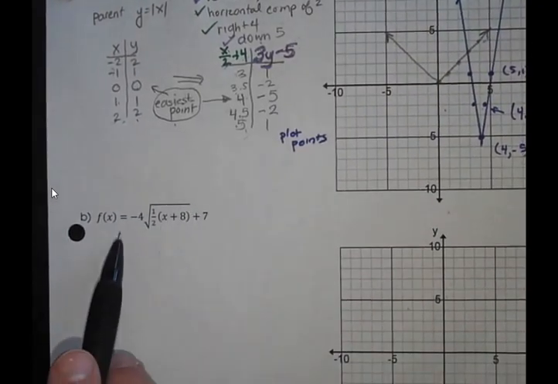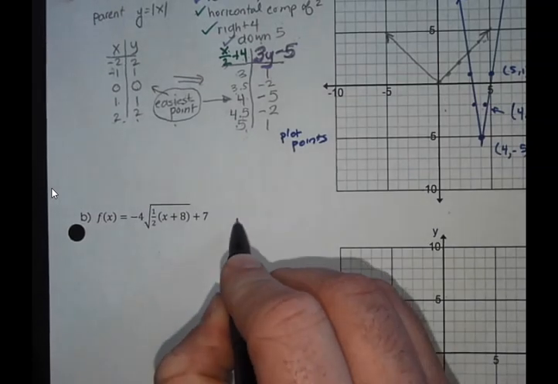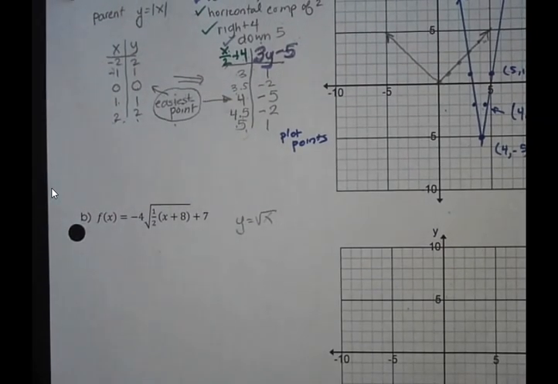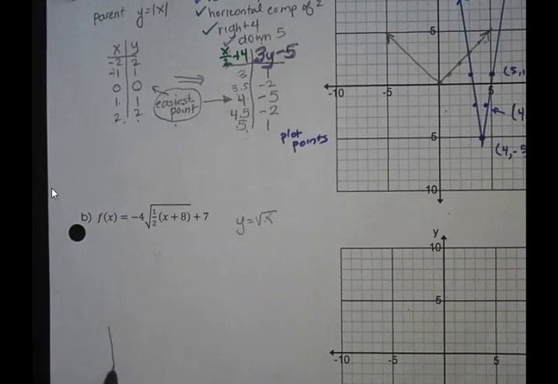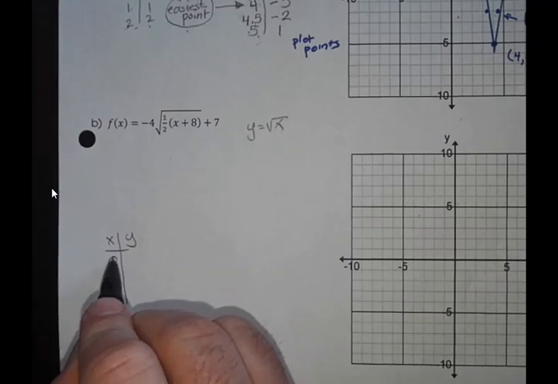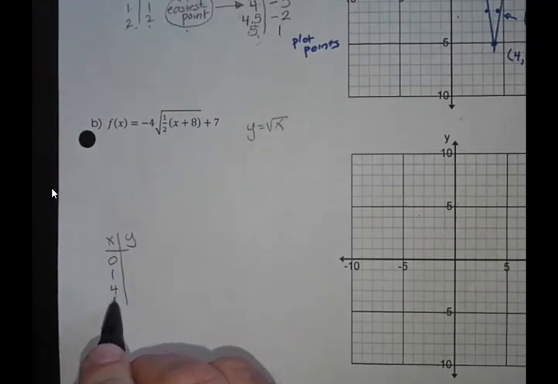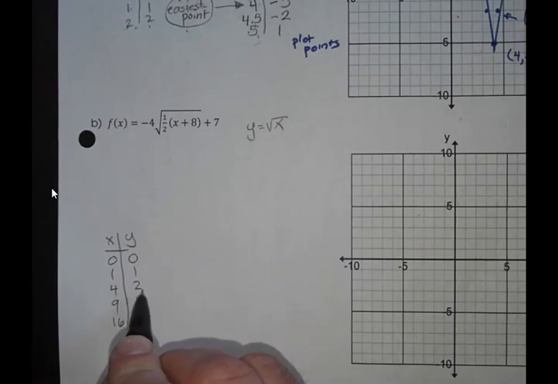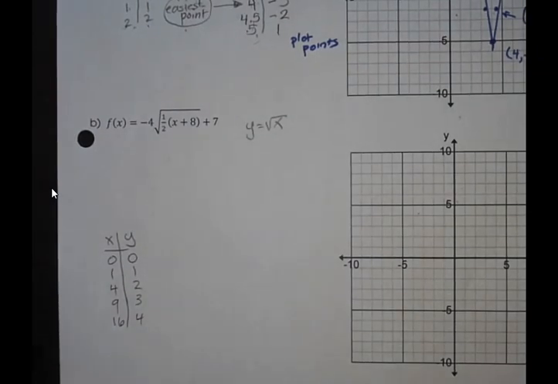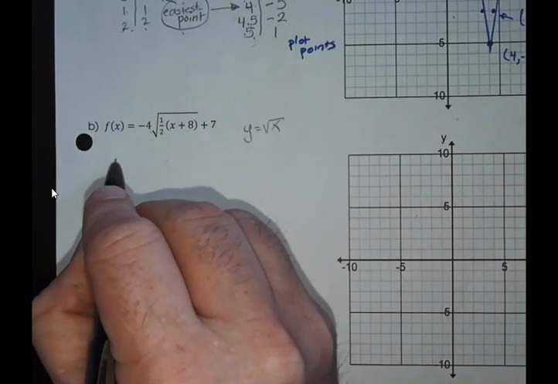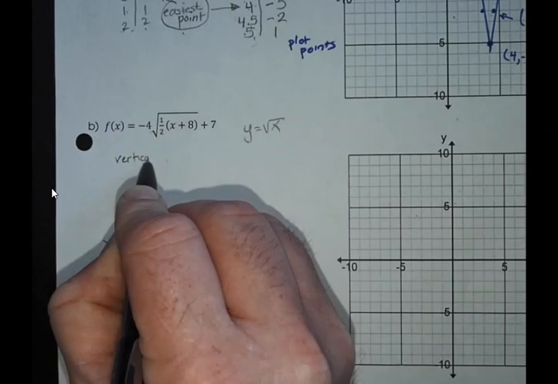All right. Here, my parent function is square root of x, because it's got a square root. All right. So I know that my points for the square root are 0, 1, 4, 9, 16 and 0, 1, 2, 3, 4. It's like the inverse of the quadratic. And let's list the transformations. Here, I got a vertical stretch of 4.